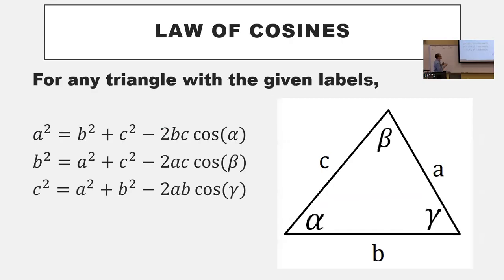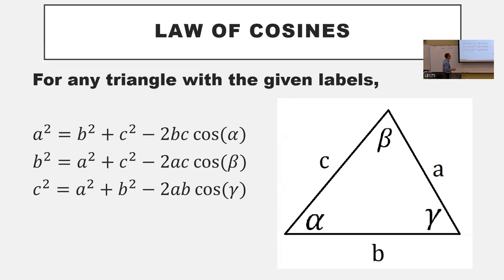So we have already seen law of sines. Law of cosines looks very different. There's actually three law of cosines rules. One for cosine of alpha, one for cosine of beta, one for cosine of gamma.